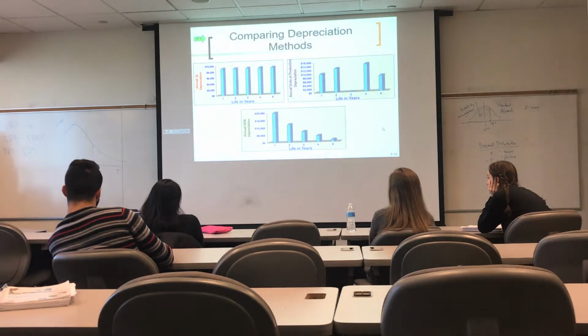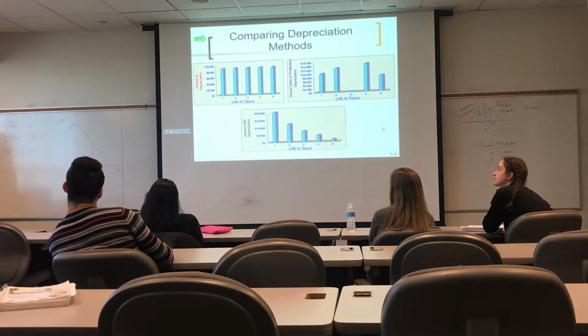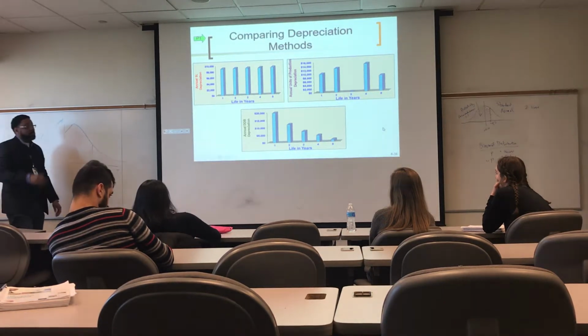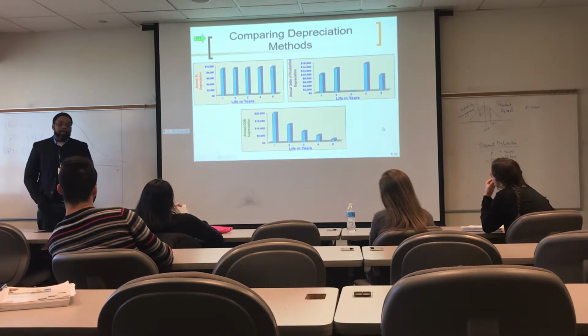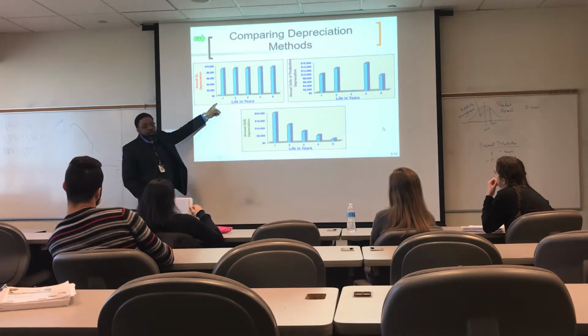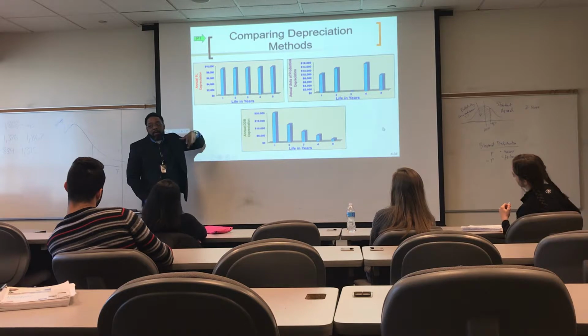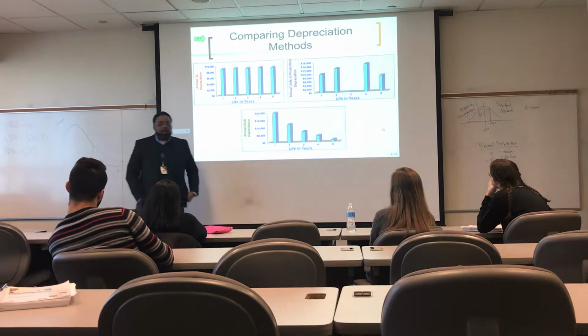Now, looking at all of these, which one do you think the IRS prefers one to use? The first one, straight line. It's simple. They just look for $5,000 a year. Plus, it's not heavy in the beginning.